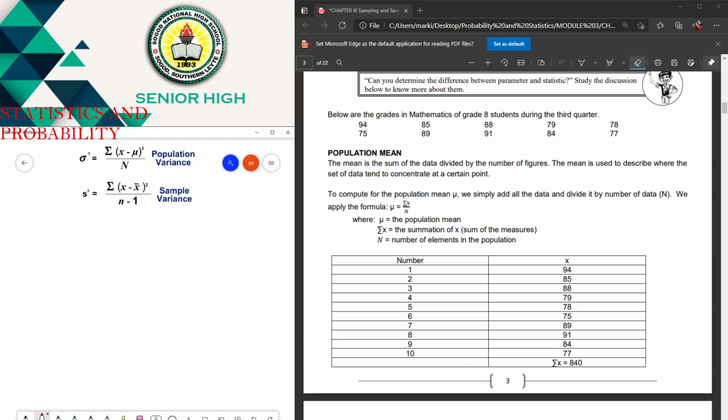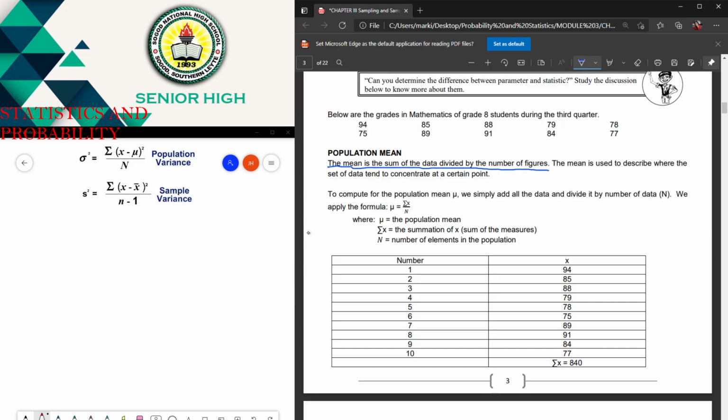Remember those words? The mean is the sum of the data divided by the number of figures.